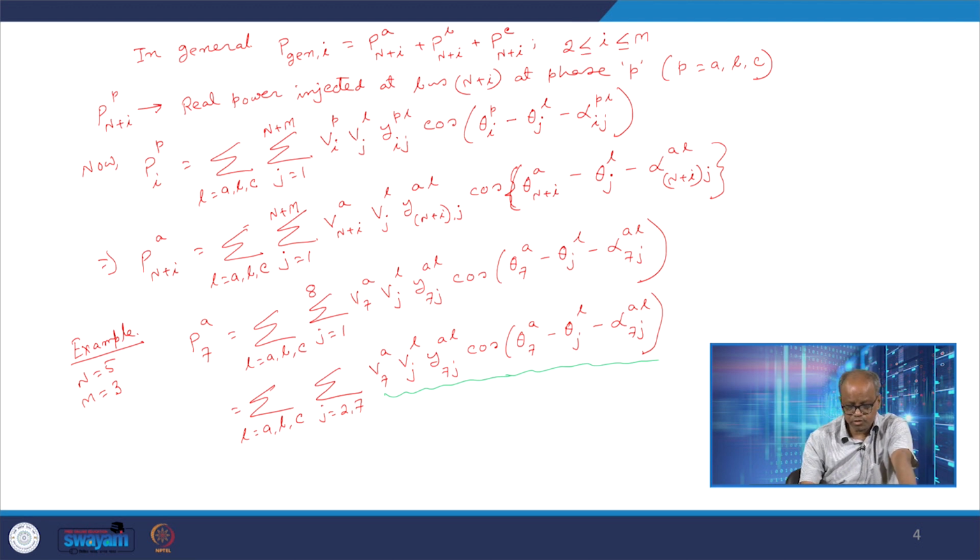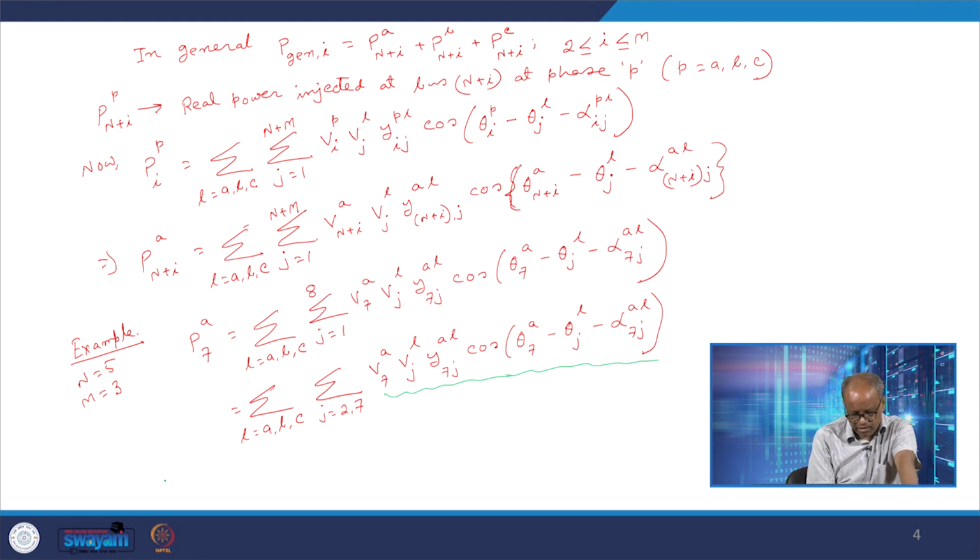Theoretically there would have been 3 into 8, that is 24 terms, but because this is an internal bus, out of these 24 terms, 18 terms will be all 0, and only 6 terms will essentially remain.